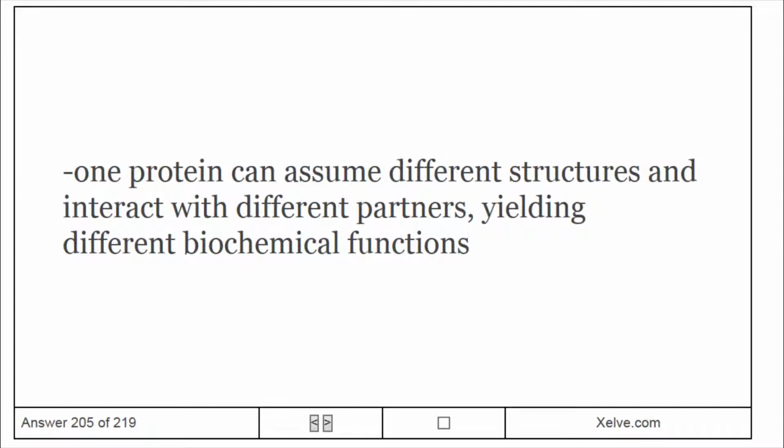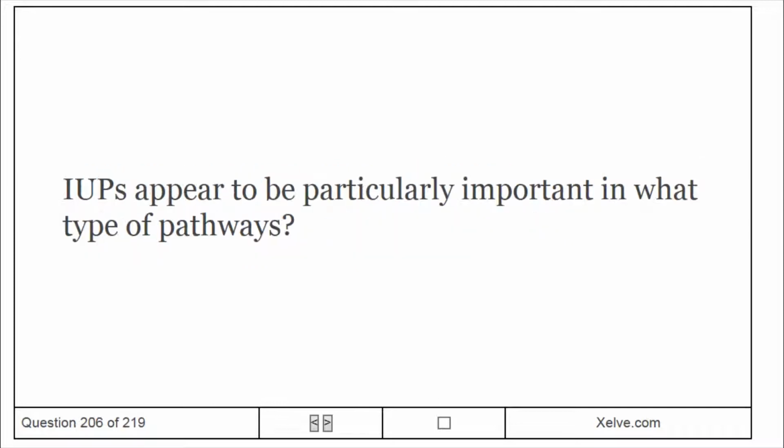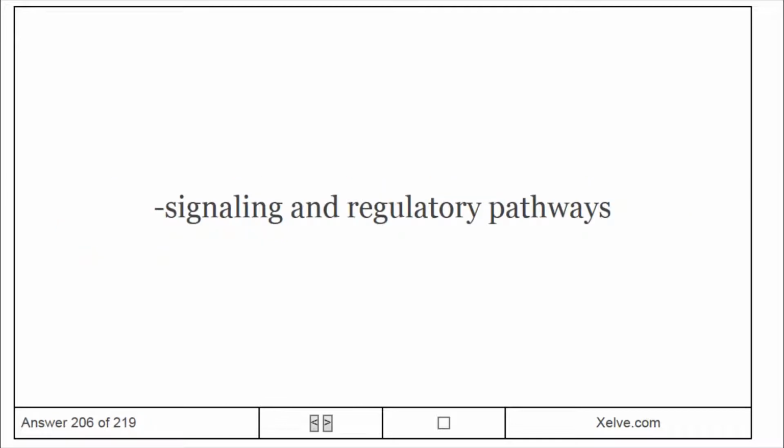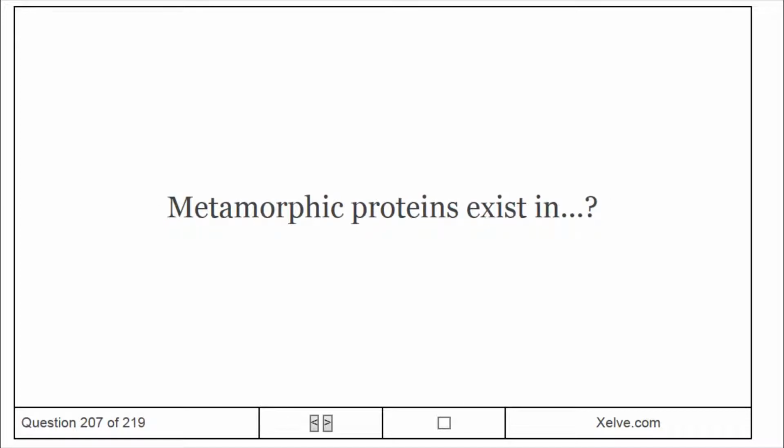One protein can assume different structures and interact with different partners, yielding different biochemical functions. IUPs appear to be particularly important in what type of pathways? Signaling and regulatory pathways.